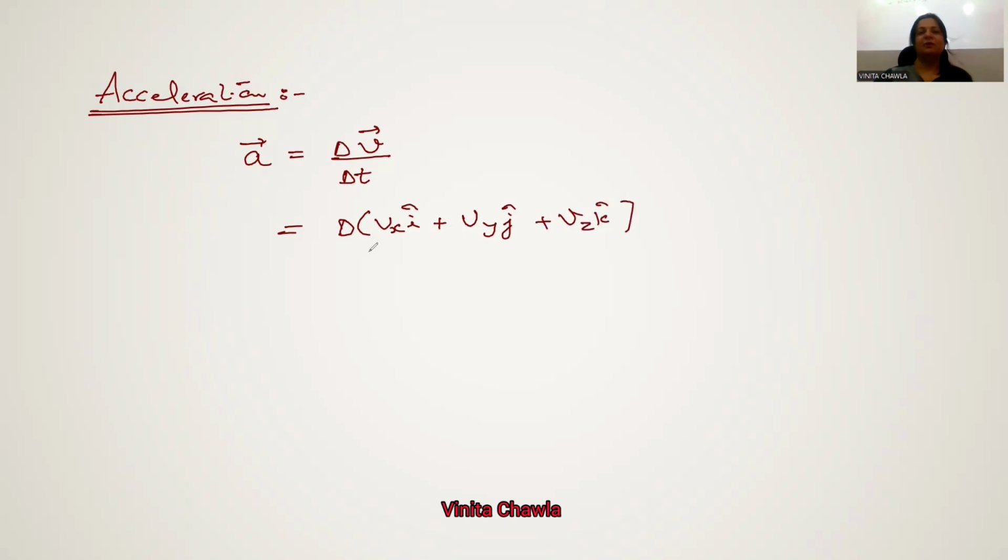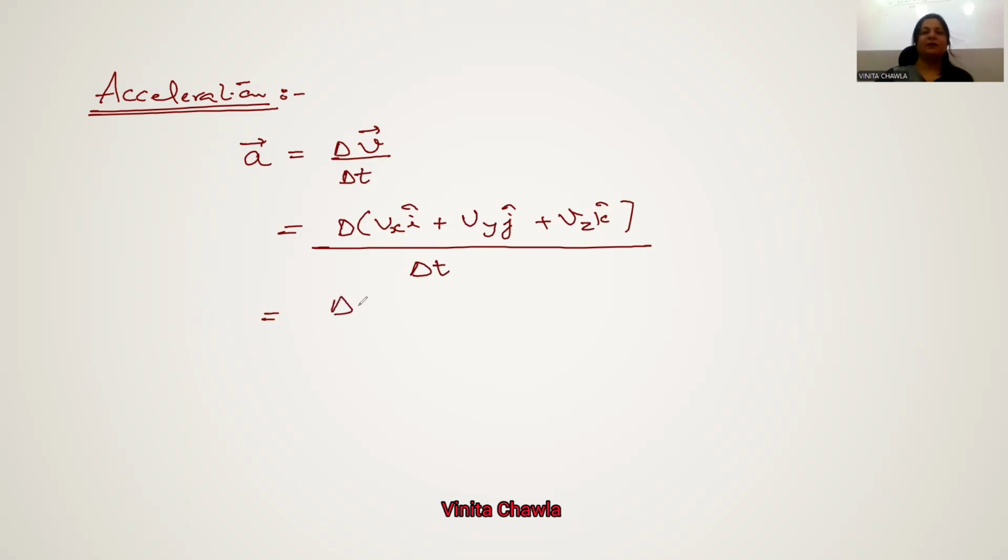How do we write acceleration? It's delta v by delta t. Okay. So we can write this as delta in bracket, for this vector v, vx i cap plus vy j cap plus vz k cap, divided by delta t. Okay.